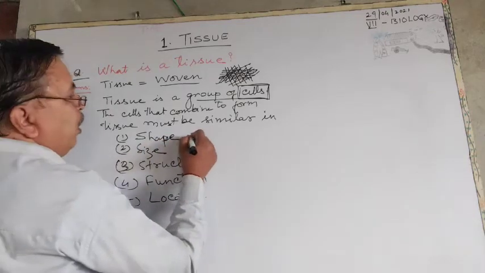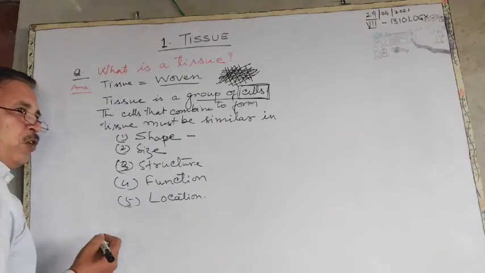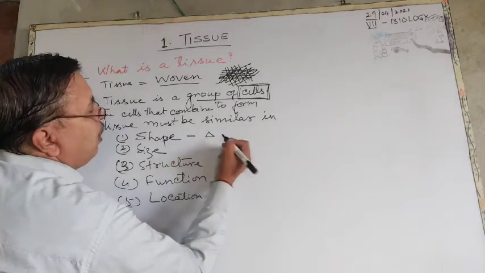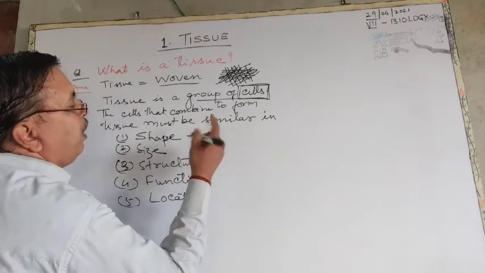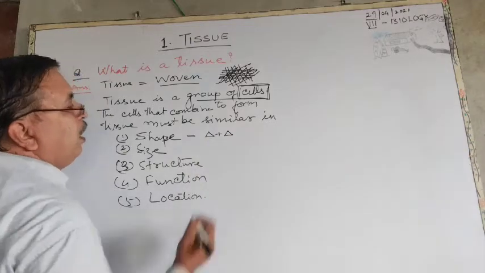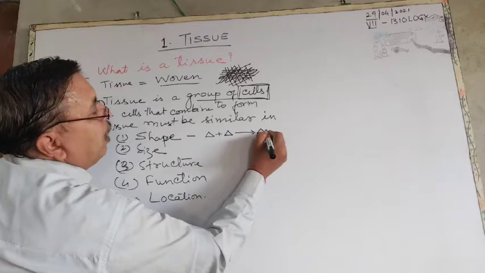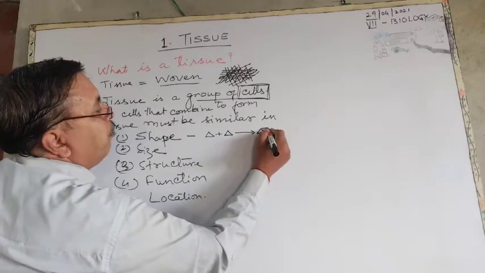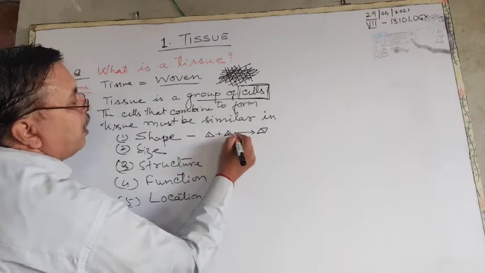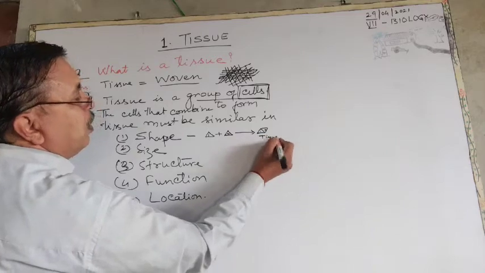I'll pick these terms one by one. Shape: some of the geometrical shapes you are familiar with. If their shape is triangular, then this triangular shaped cell will combine with another triangular shaped cell, and only then can it make a tissue of this kind. This is the first cell, this is the second cell, and this is the tissue, right?